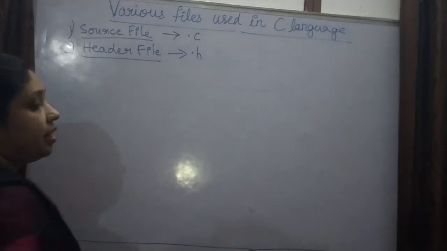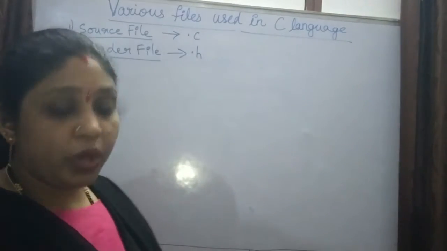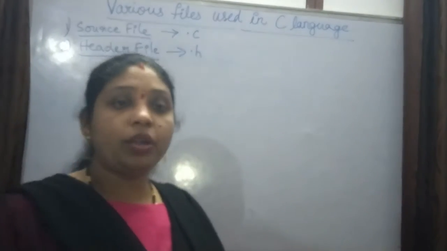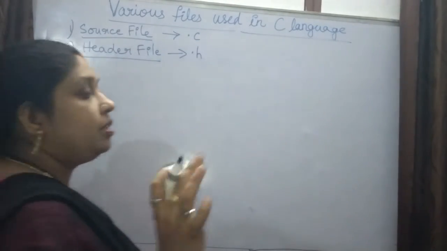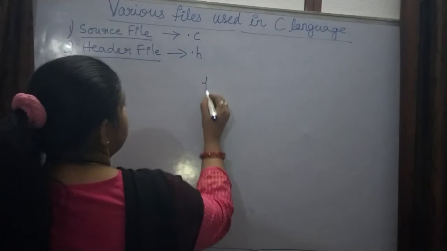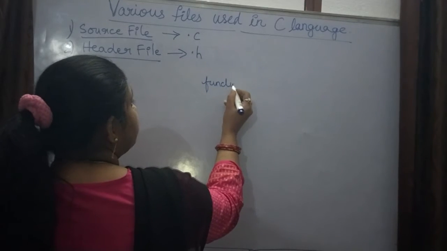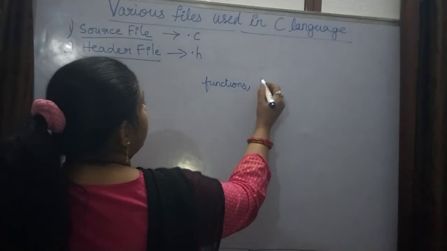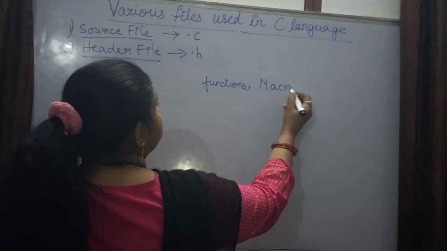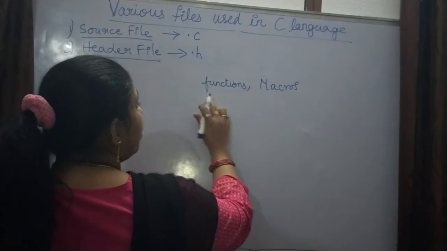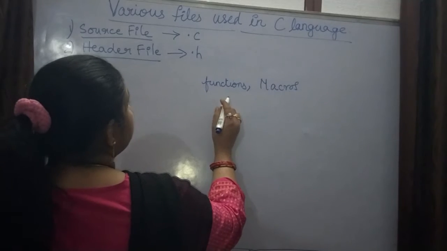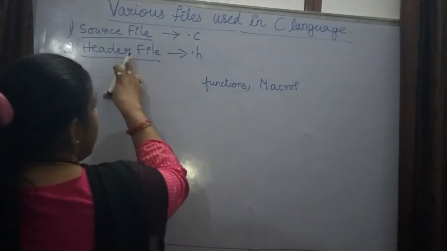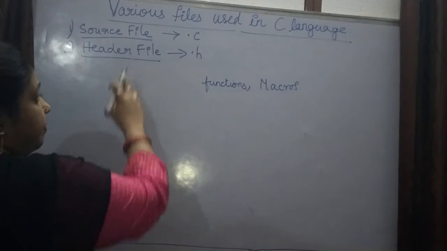Now where are these header files present, and what is the use of these header files? In these header files you have many built-in functions and macros, keywords, constants, all those things stored.